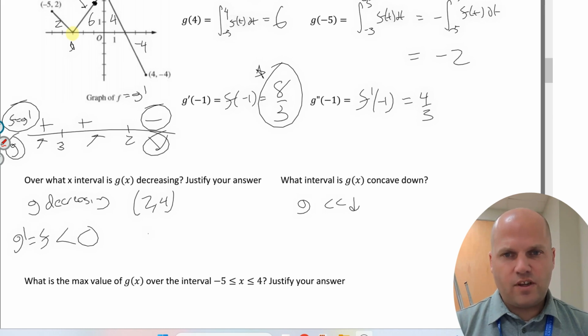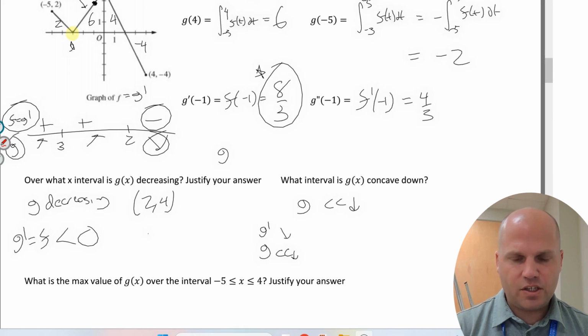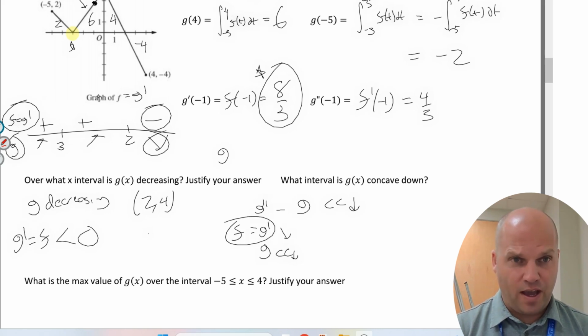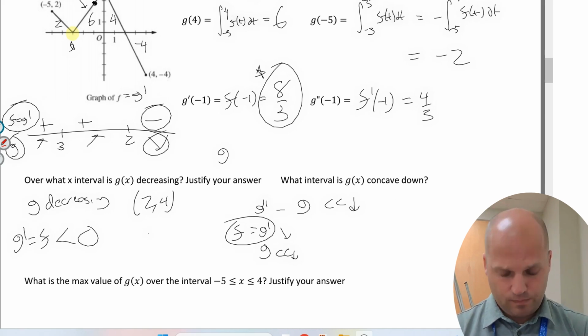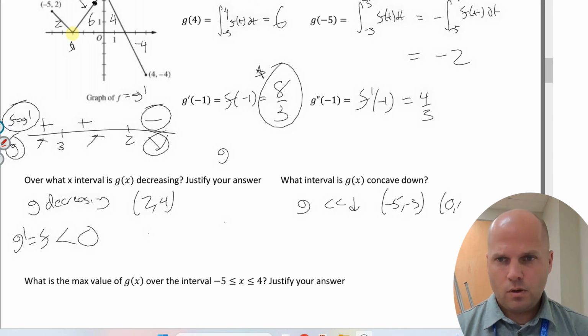G will be concave down when g prime is decreasing or g double prime is negative. I have that f is g prime. I'm looking at when the graph of f, which is g prime, is decreasing. Just -5 to -3, and 0 to 4.